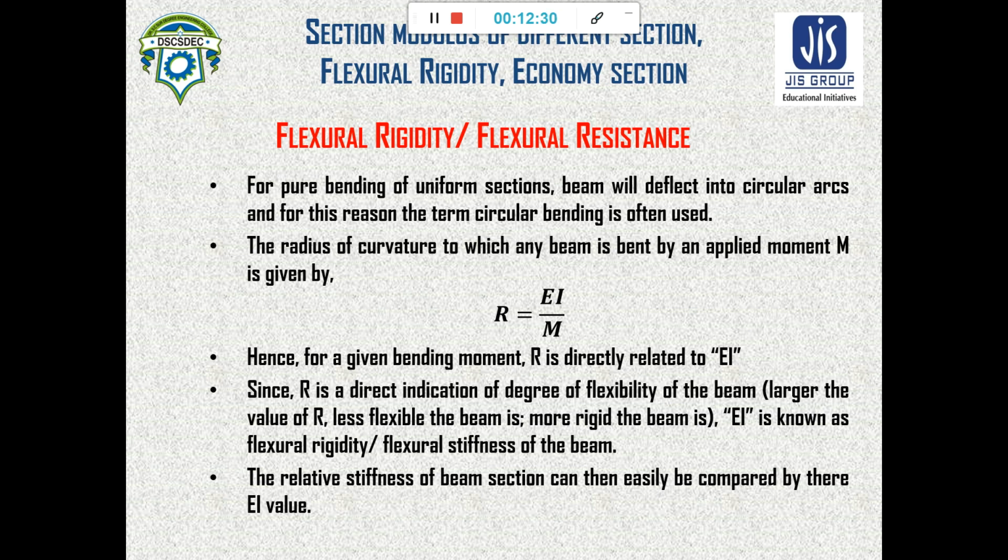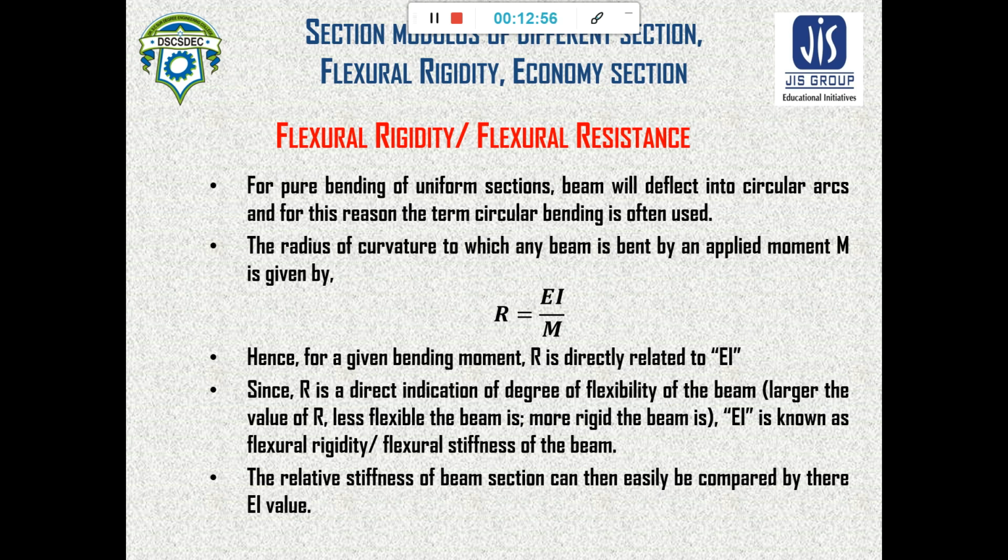From the theory of pure bending, we know that for pure bending, the uniform section of the beam will deflect into a circular arc, and for this the term circular bending is given to the pure bending case.